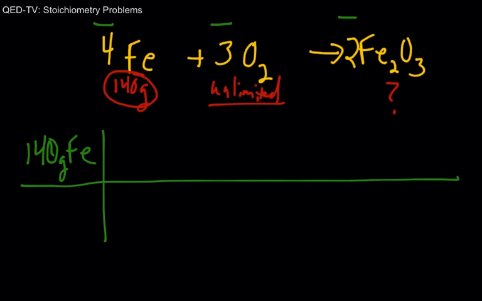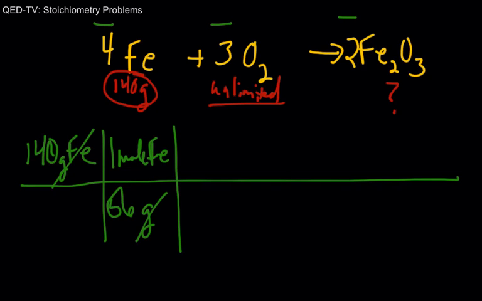So the first thing I'm going to do here is convert my 140 grams of iron into moles. 1 mole of iron is 56 grams of iron. So grams of iron will cancel out, and I'll be in moles of iron. Now I can use my recipe.